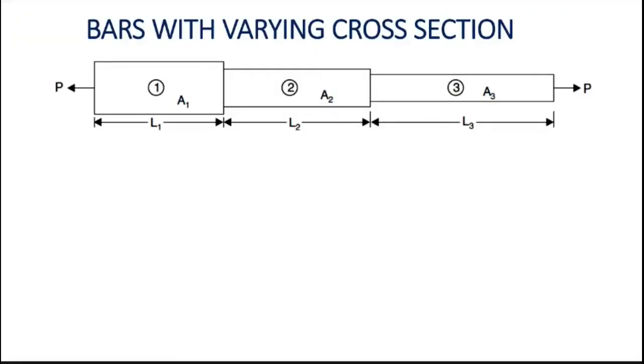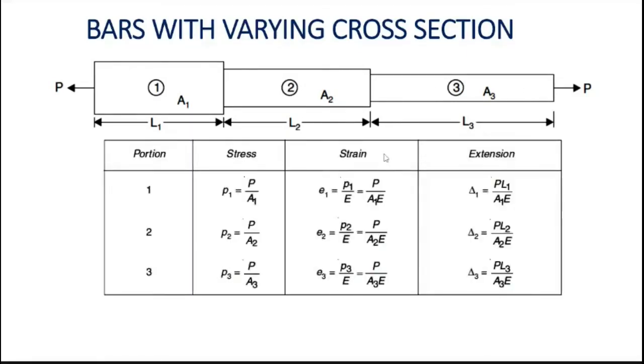So what happens if you have different materials here? Let me consider section 1, section 2, section 3. All have different areas and different lengths. In that case, let me consider all having the same material property. You just separate this into simple parts and identify each separately. For portion 1, you know the stress and the strain. The change in length del L is PL1 by A1E.